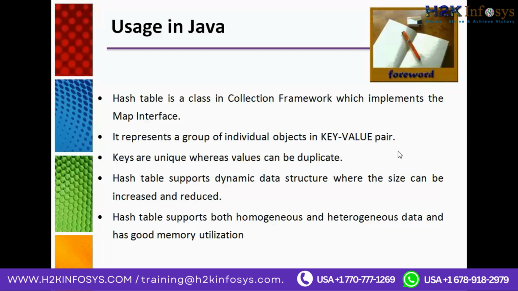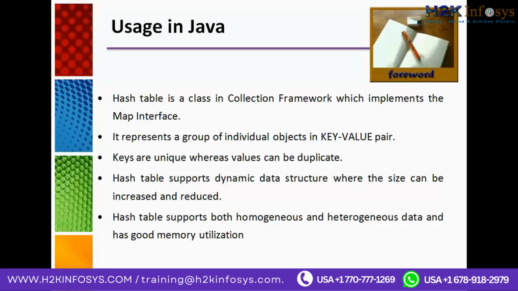Thirdly, it supports a dynamic data structure, wherein the size can be increased and reduced. And the last one is that as hash table is part of the collections API, it supports heterogeneous as well as homogeneous data. The importance of hash table is quite significant as far as Selenium WebDriver is concerned.